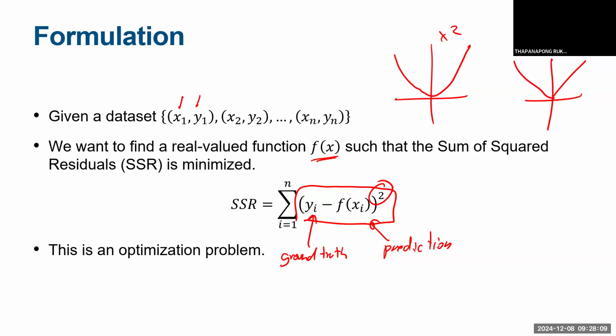For absolute x, I think this point is non-differentiable. So when your prediction is very close to the ground truth, everything will become tricky. So that's why we take the square.